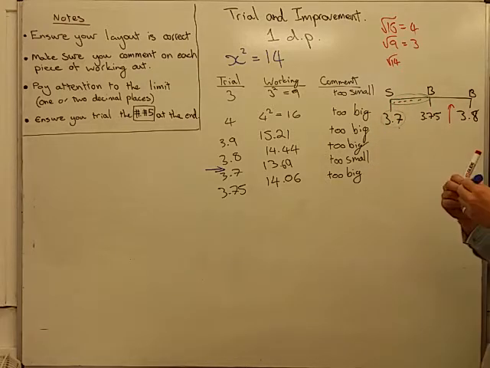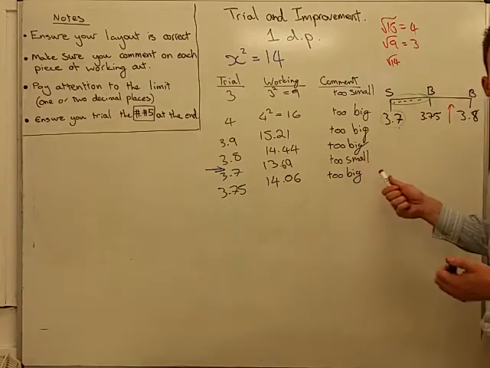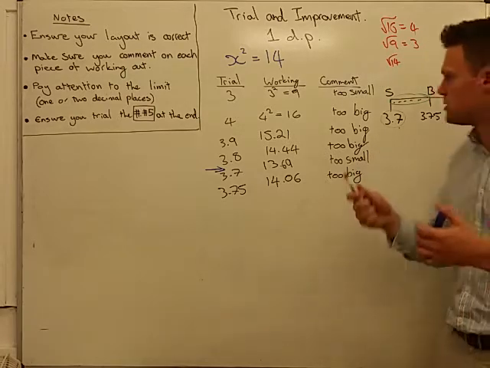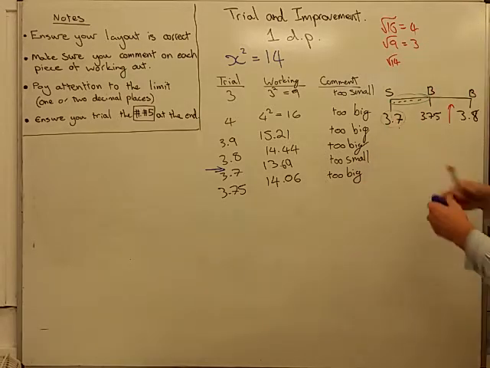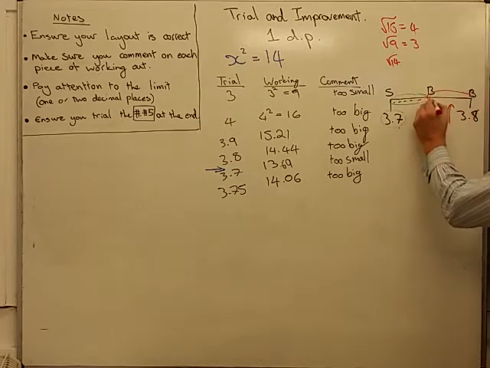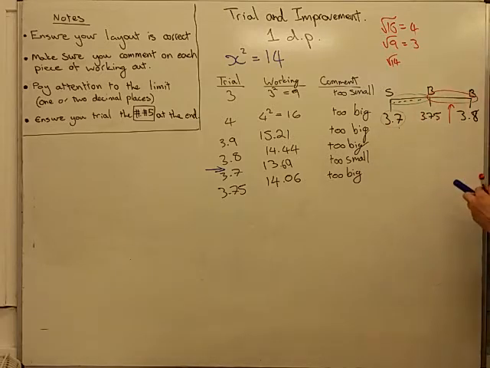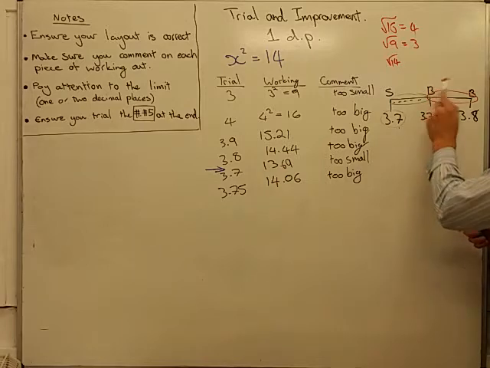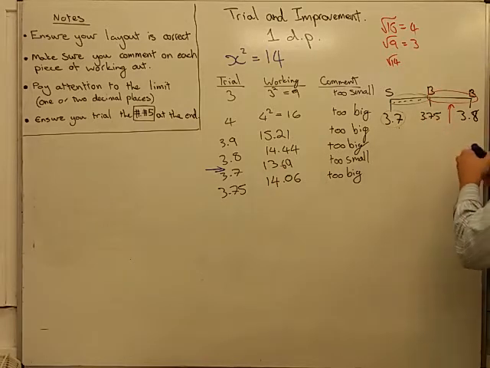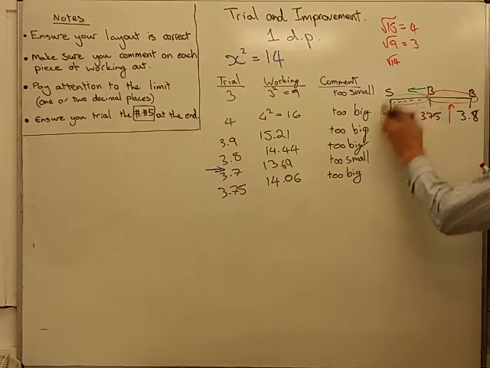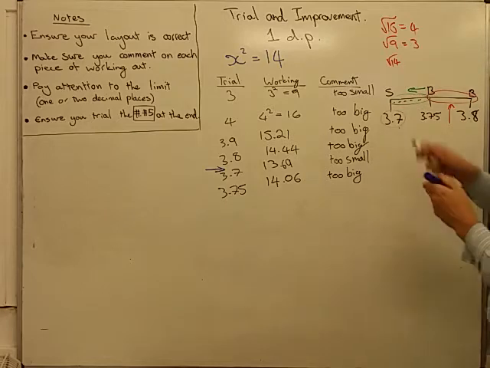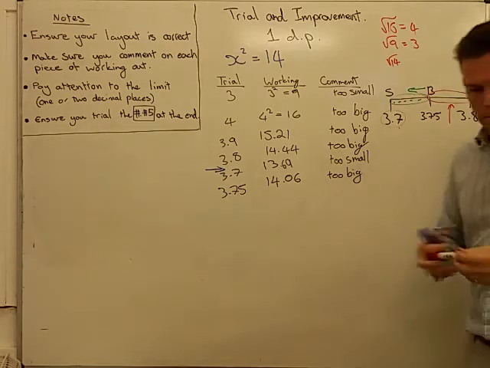If you pick any number, 3.71 rounds to 3.7, 3.73 rounds to 3.7, any number here will round down to 3.7, and any number here will round up to 3.8. So if this number is too big, that tells me it has to be on that side. And it doesn't matter where on that side, because they will all round to 3.7.